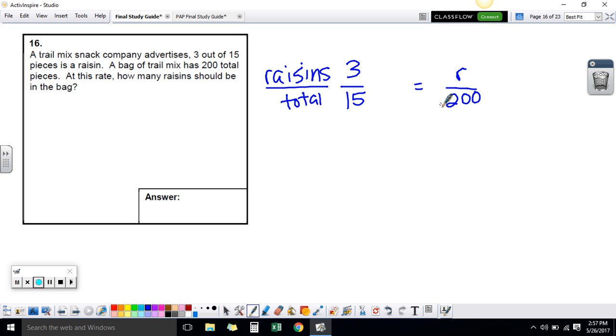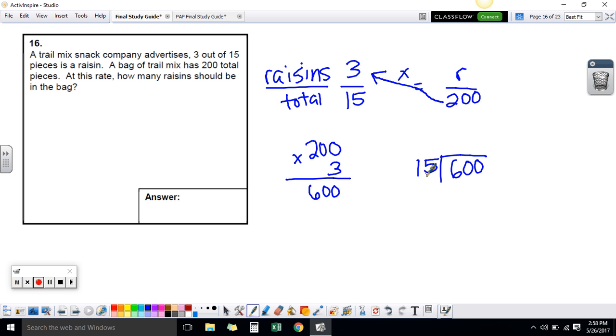Okay, so back to the cross, multiply, and divide. We are going to cross multiply 200 times 3, and you should get 600. And then you're going to divide by the 15 to give you the answer for R. So 600 divided by 15. Will 15 go into 6? No. Will 15 go into 60? Yes, 4 times.